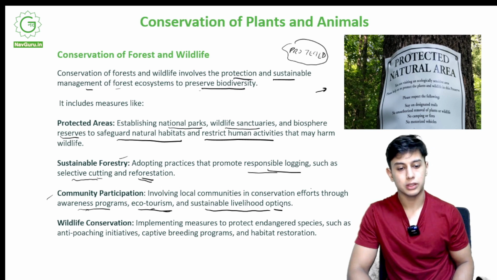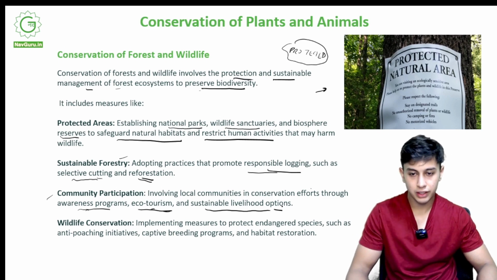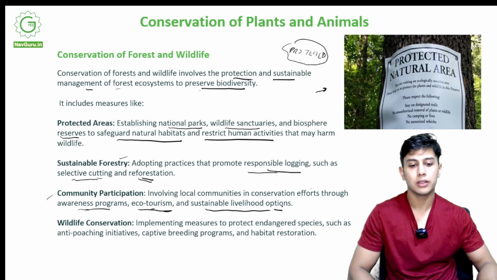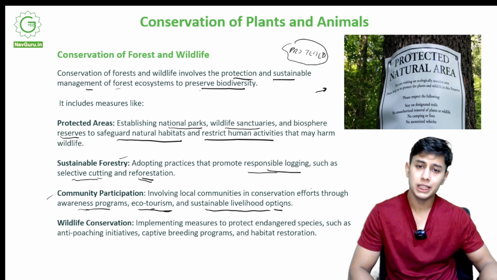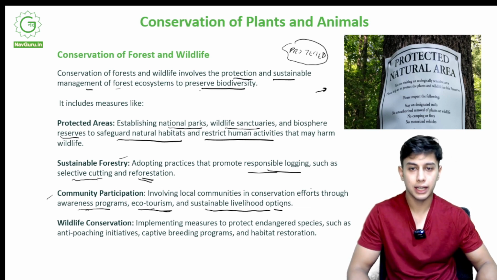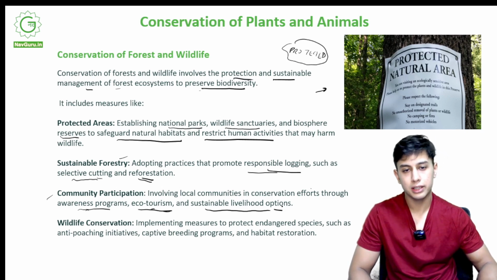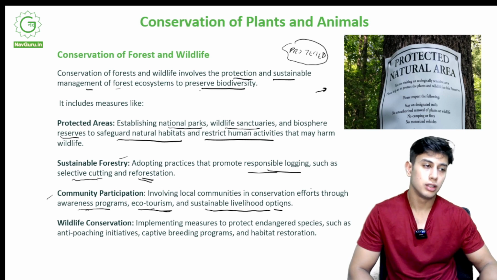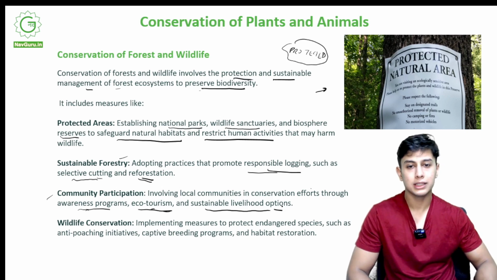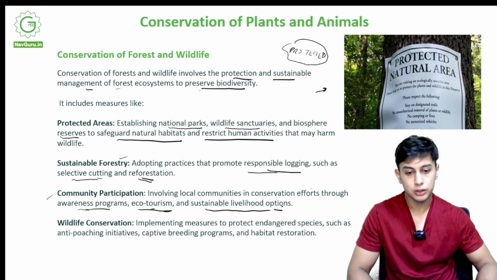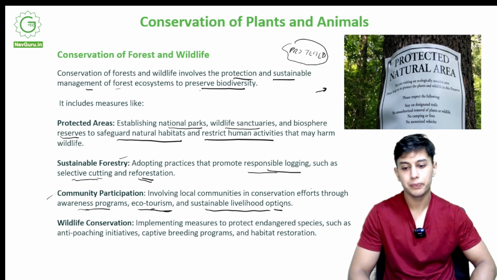Sustainable livelihood options. So I can give the villagers some other livelihood options, besides hunting, I can tell them to rear cattle, all right, cows, buffaloes and all. I can give them another livelihood example. I can tell them to practice something else, to practice farming and all. So that is a sustainable livelihood option.